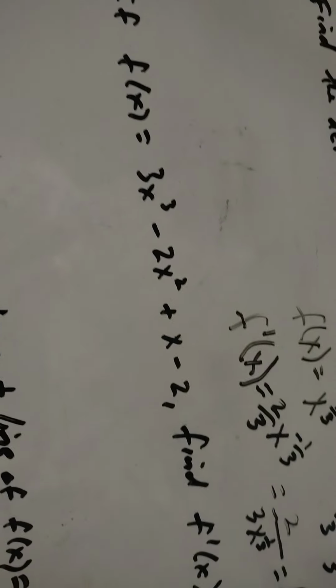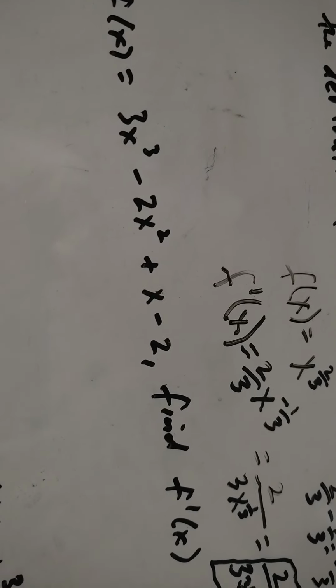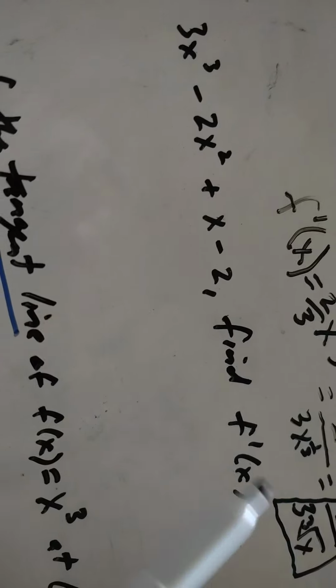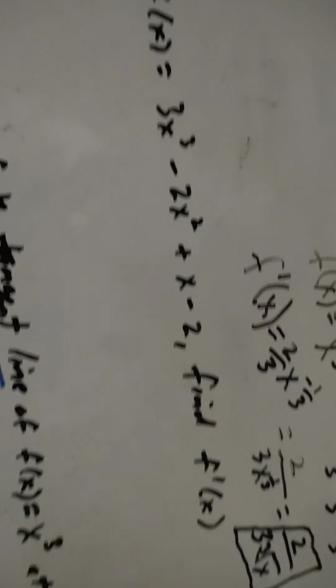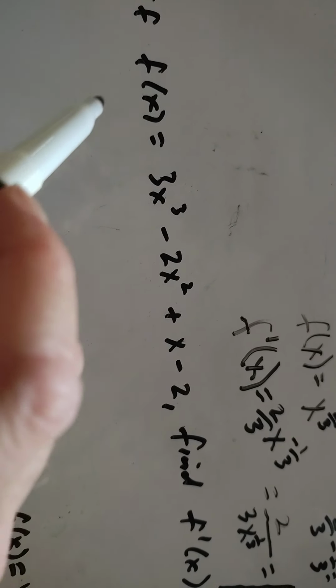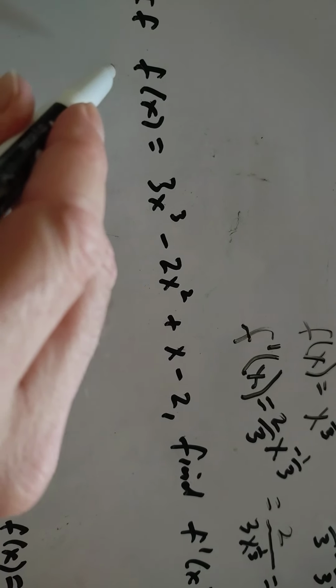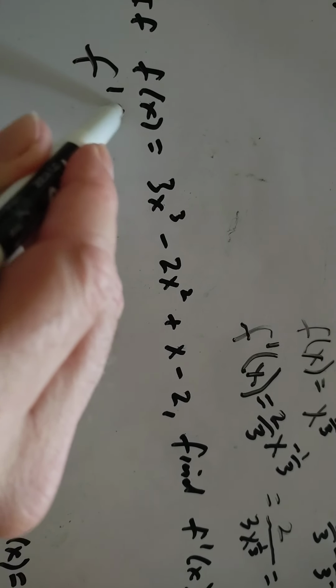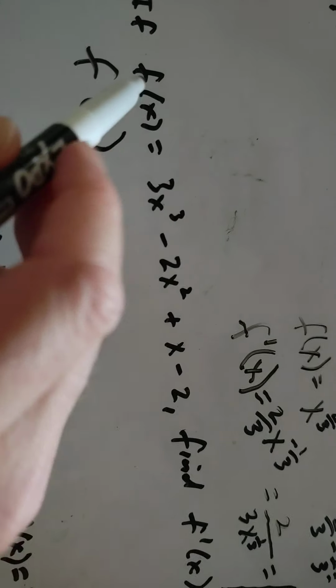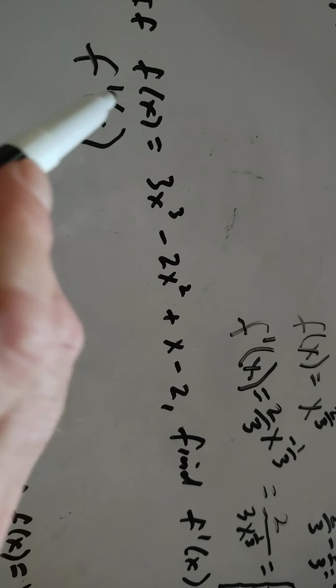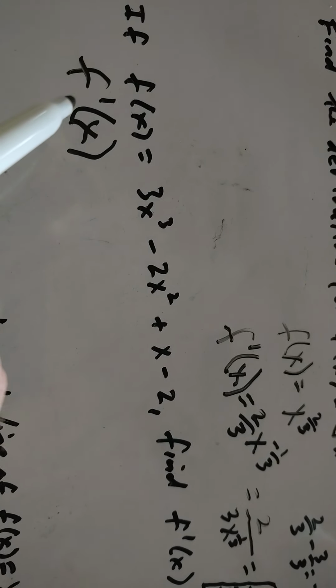If f of x is given as this polynomial function, we want to find the derivative f prime of x. So if you're going to find the derivative, you must write your derivative notation. Since this function is given as f of x, write the derivative as f prime of x.